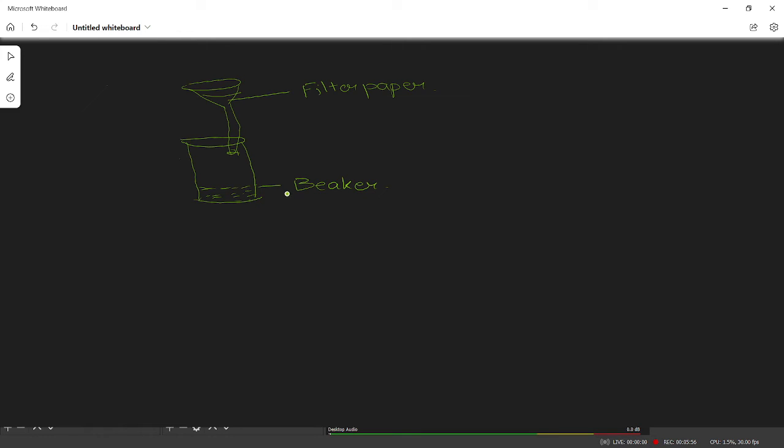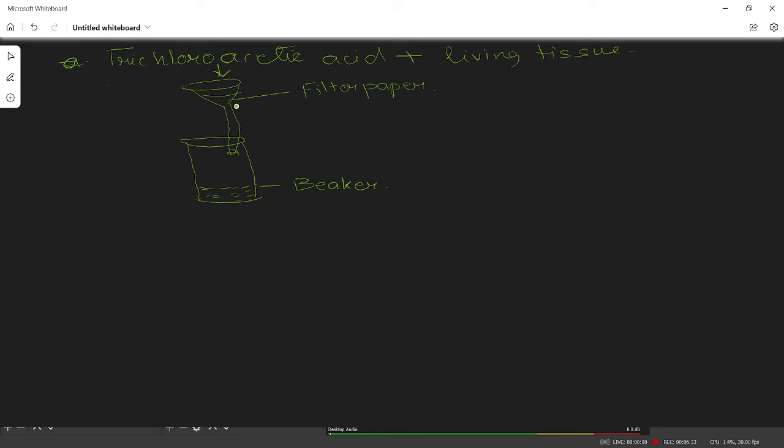Now, the filtrate which has reached the beaker, it is the acid soluble pool, because we know we have used trichloroacetic acid plus the living tissue. We have made a slurry out of it, and then we pour it into the filter paper.